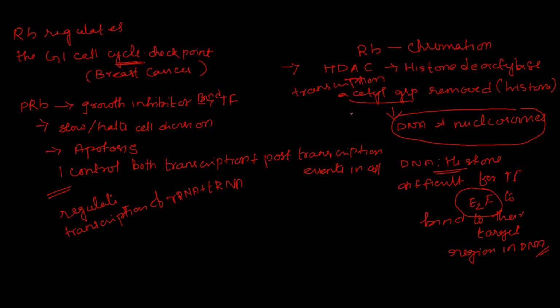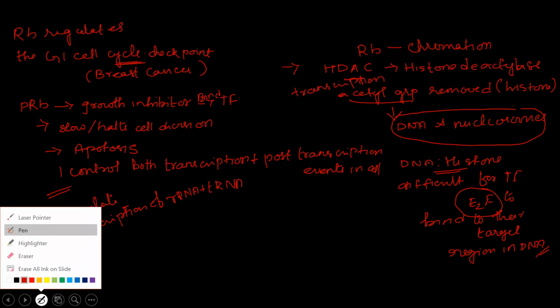So I think we'll move on to the last tumor suppressor gene, which is BRCA. It gets its name from the association with breast cancer. There are two types of it, BRCA1 and BRCA2.